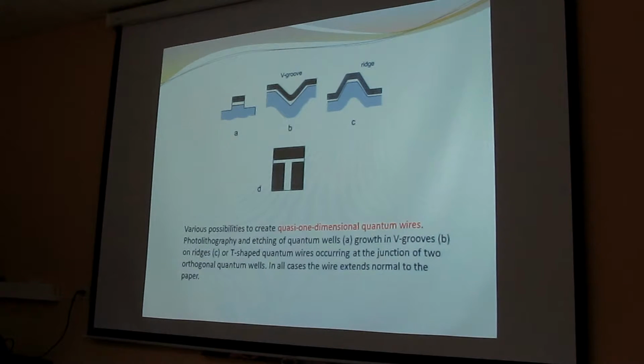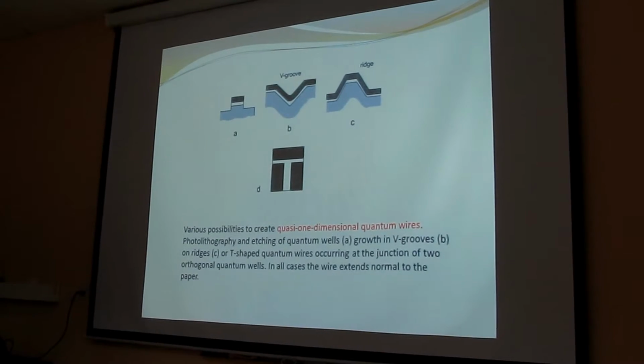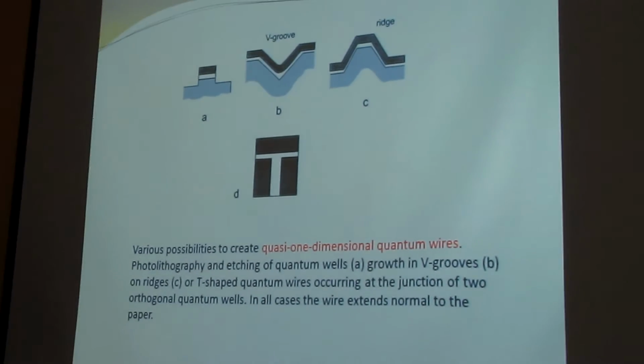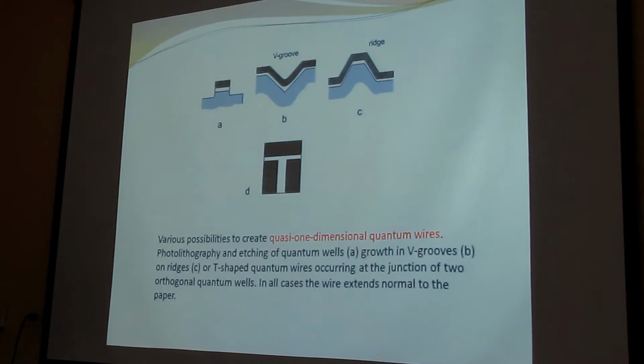Now, a few words for examples of reduced dimensionality. From two to quasi one dimensions, there are various possibilities. Either you take a quantum well and you etch a ridge, then you have a one-dimensional system.